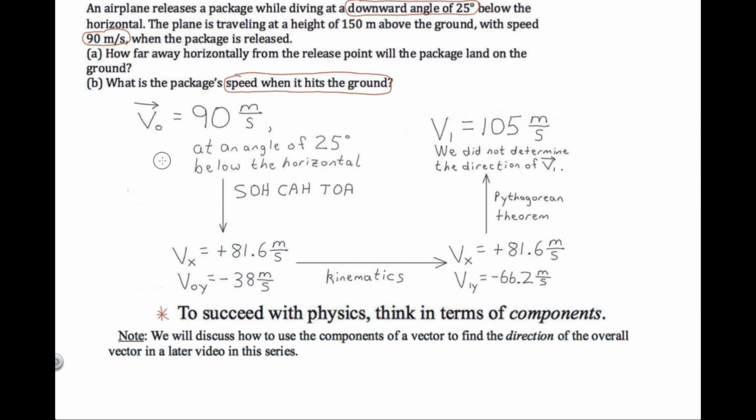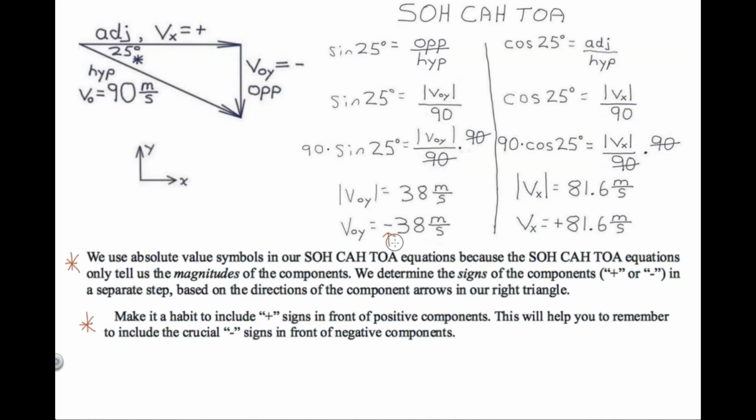Instead, first we break the overall velocity vector at time 0 into components. Then we use the velocity components at time 0 to determine the velocity components at time 1. Then we use the velocity components at time 1 to determine the magnitude of the overall velocity vector at time 1.